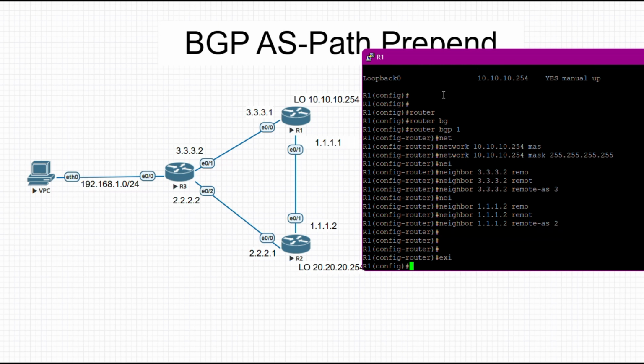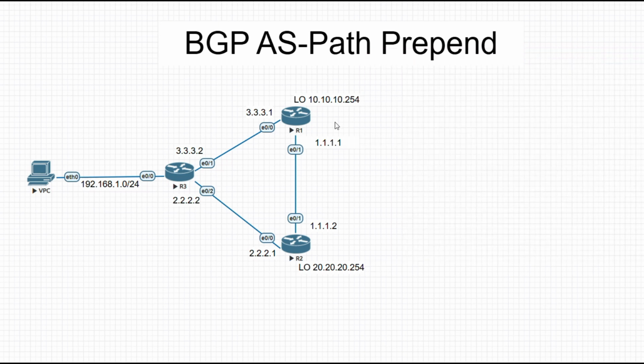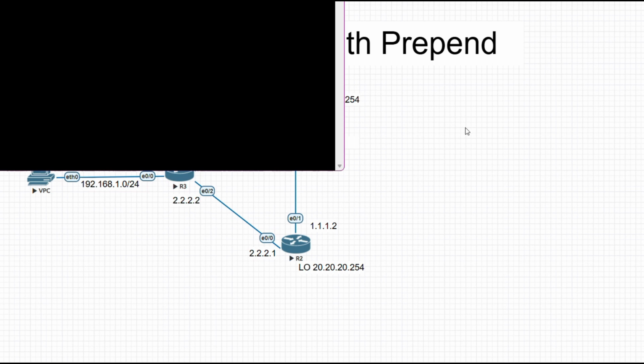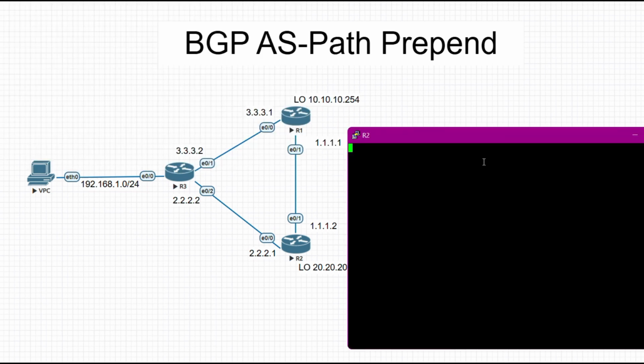Okay, let's go ahead and configure router 2. Let's enable the interface. Type in configuration, then type the host name R2.